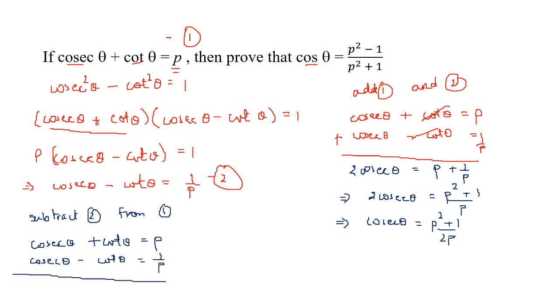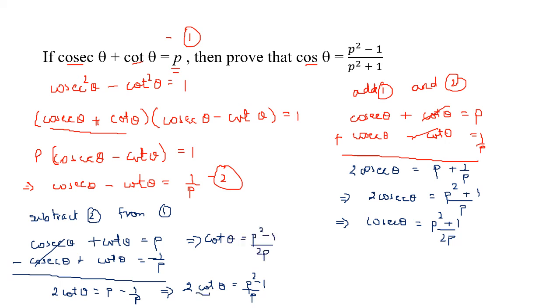When I subtract, this becomes minus, this becomes plus, and this becomes minus. So this time this gets cut. I am left with 2 cot theta equal to p minus 1 upon p, implies 2 cot theta equal to p square minus 1 upon p, which implies cot theta equal to p square minus 1 upon 2p, bringing this 2 down.